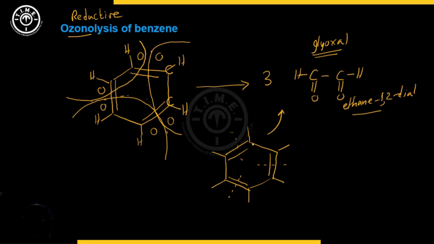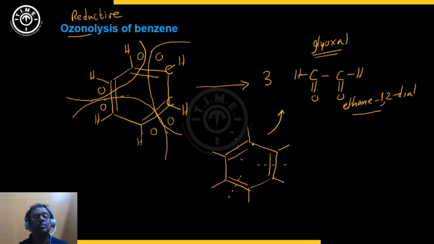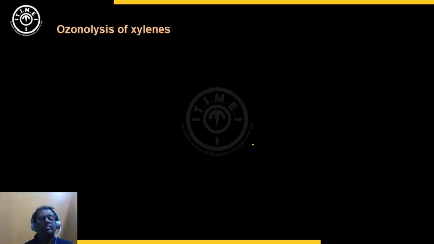Keep that in mind, and then let us move on further to a case where you are bound to get some problems. What is a xylene? Xylene is dimethylbenzene. You could have an orthoxylene, you could have a metaxylene, you could have a paraxylene.